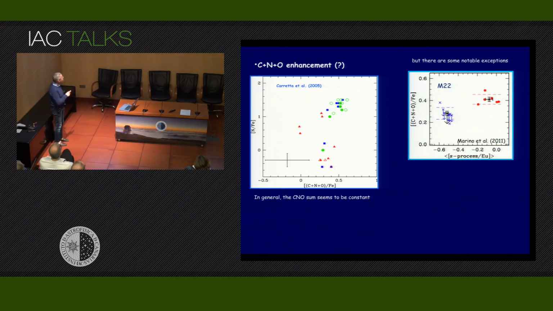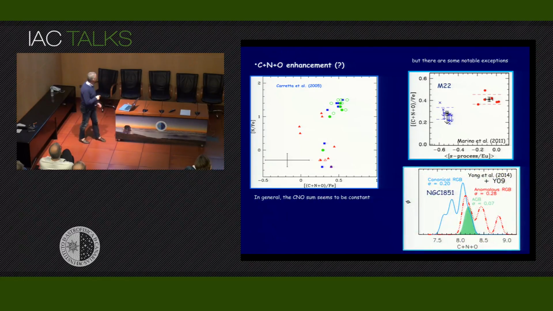These are stars belonging to the same globular cluster with different s-element abundances, and you can see that there is a difference of more or less 0.2 dex in the CNO sum. And this was just confirmed a few weeks ago. This is the case of NGC 1851, in which Yong and collaborators found two different distributions of stars with two different C plus O abundances.